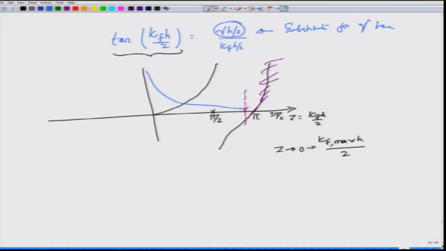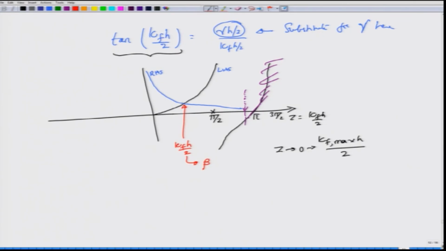Of course, the rate at which this falls depends on what values of n1, n2 and lambda you have taken, but no matter what, it starts at infinity and then goes down to 0. It is clear that the right hand side and the left hand side have to cross at a particular point, and this crossing point is the solution, the corresponding value of kappa f h by 2, from which you can easily find the propagation constant beta.